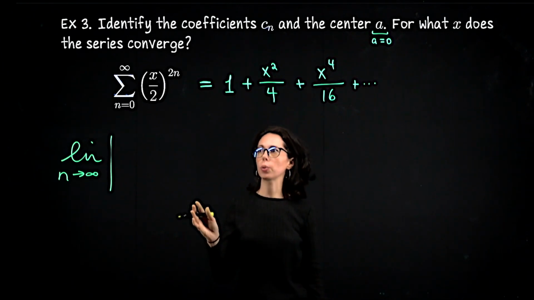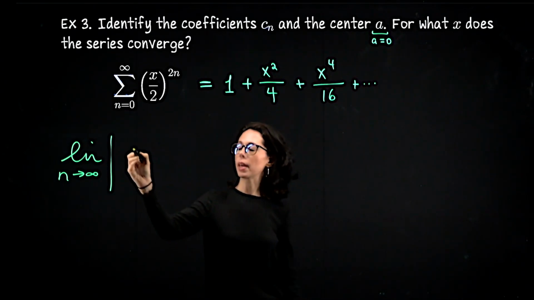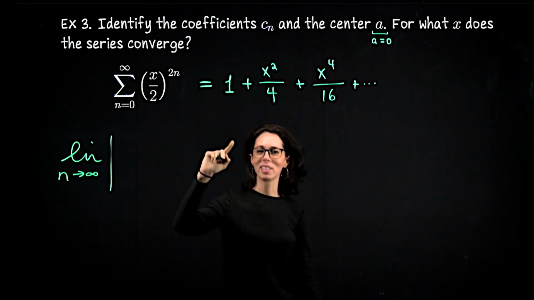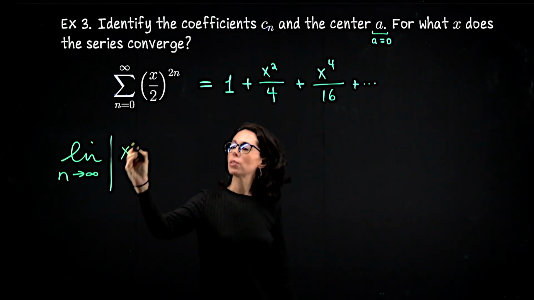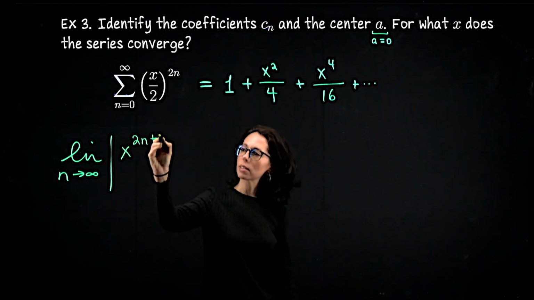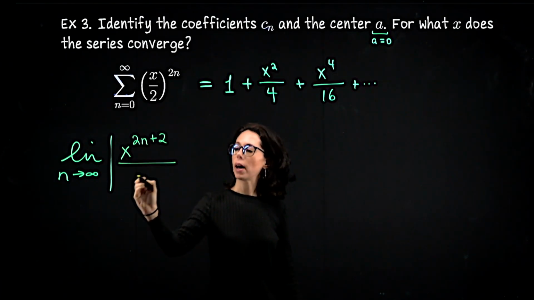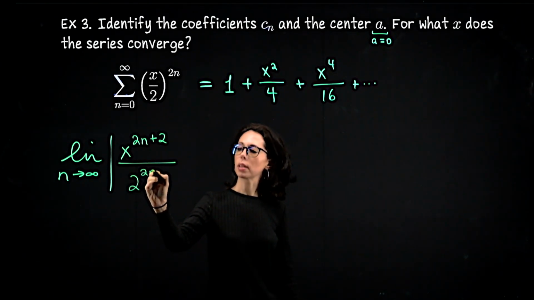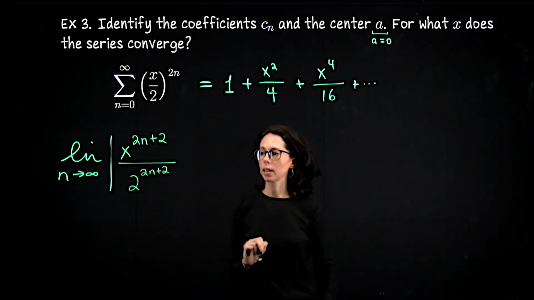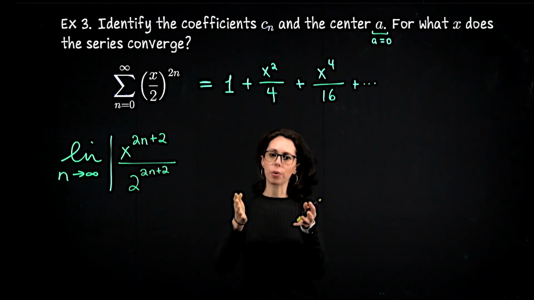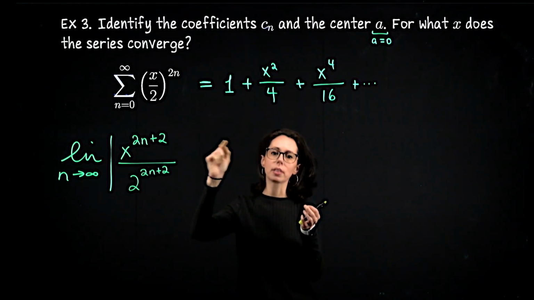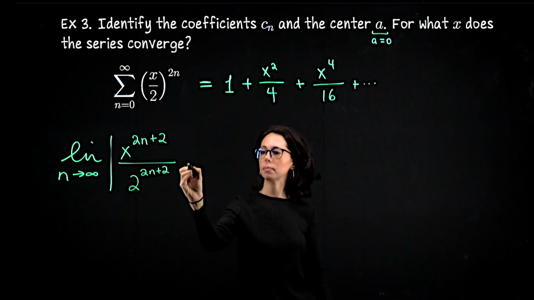So x over 2 to the 2n is the same thing, or rather 2 times n plus 1, because we're going to do the n plus 1th term. That's the same thing as x to the 2n plus 2 divided by 2 to the 2n plus 2. Okay, so this whole expression is x over 2 to the 2 times the quantity n plus 1.